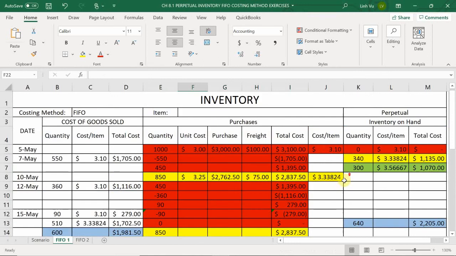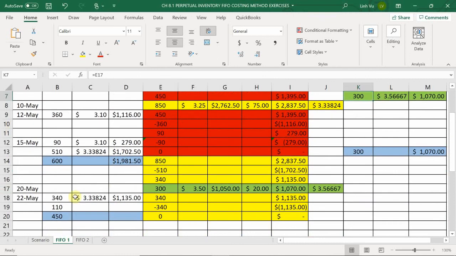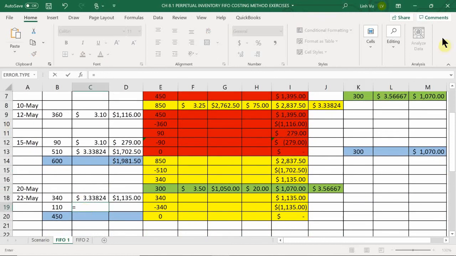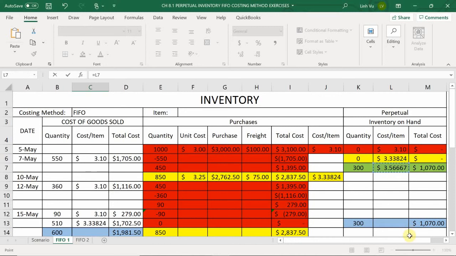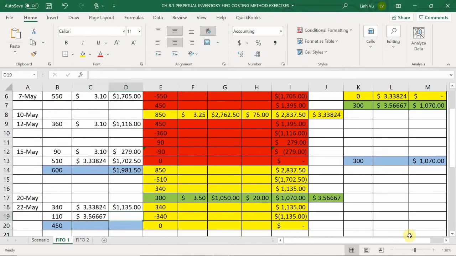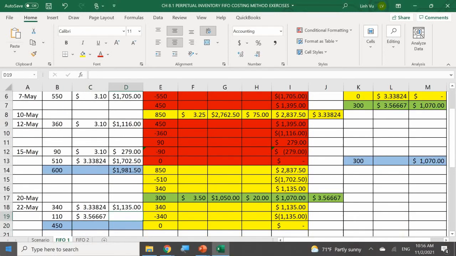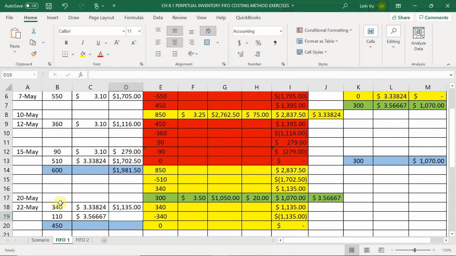So now I can go ahead and update my inventory because I got rid of my yellow batch. So now all I have left is my blue batch for 300 at a total cost per item of $3.566666. So that is exactly what I'm going to do here. Okay. And what is my total cost if I sell 110 items at 3.566667?